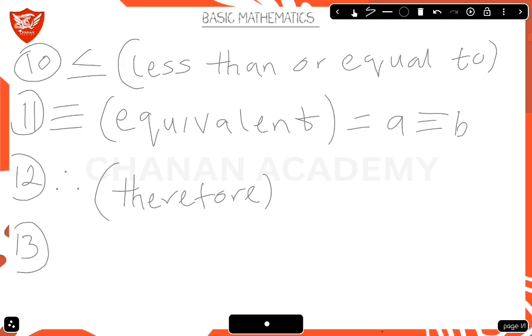Let's see. 1 over 2 is equivalent to 2 over 4. If you check 1 over 2, the answer will be 0.5. If you also check this one, it gives you 0.5, same thing.